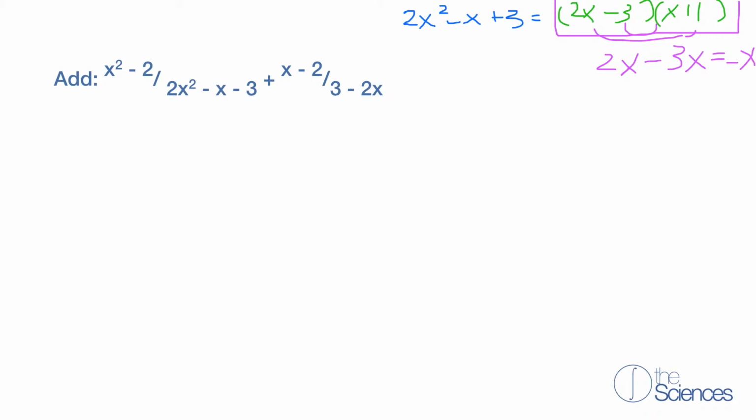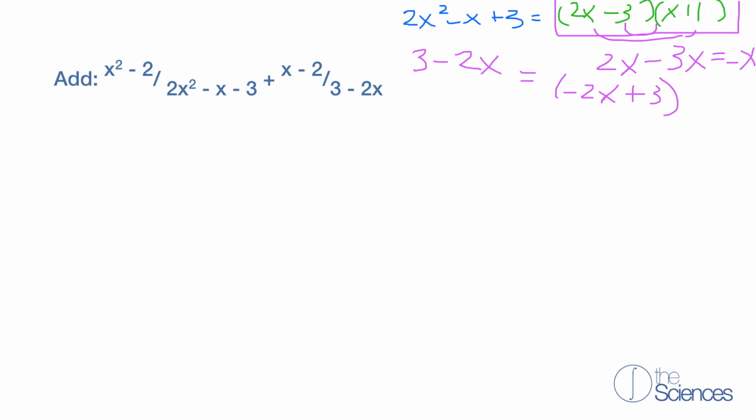So now we're going to list our second denominator, which is 3 minus 2x. So now notice that its factors are -2x plus 3. So notice that this factor is the opposite of this factor.